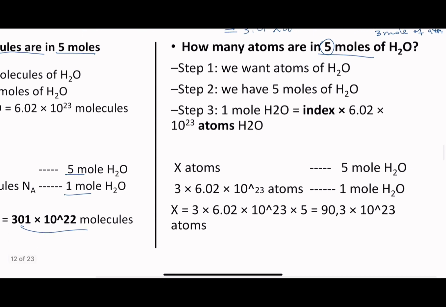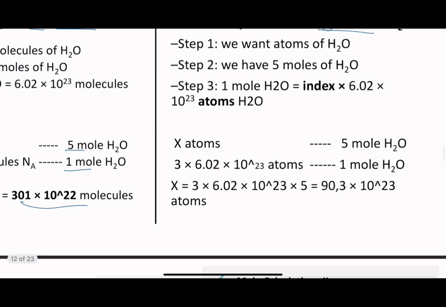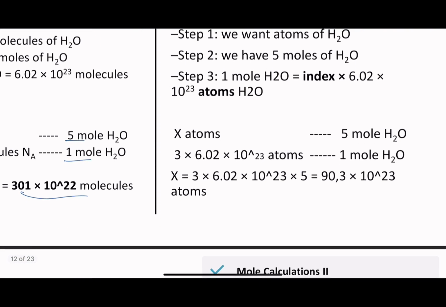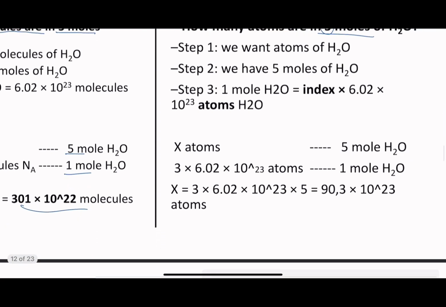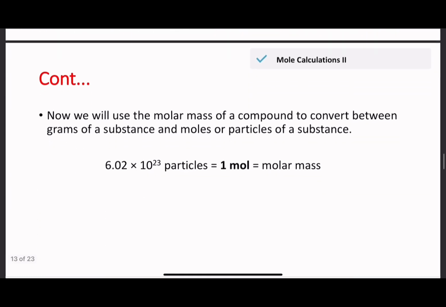And you can do the proportion, or you can use the formula again, using the formula above. So over here, I'm just going to show the proportion. For 1 mole, you have 3 times Avogadro number, and for 5 moles, you don't know how many, and then you can get the number in the bottom.